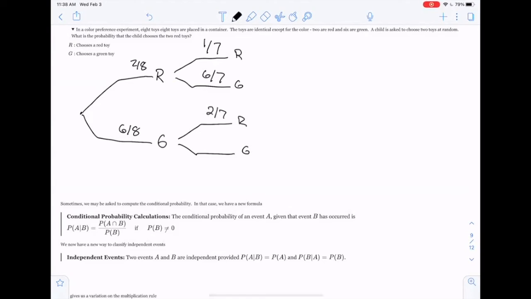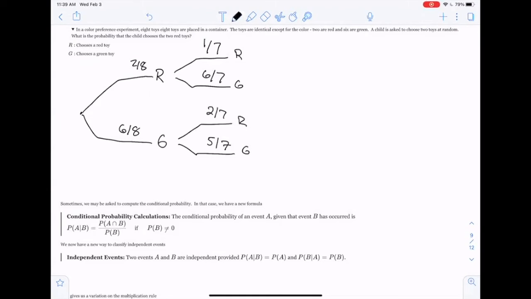We can fill this in as we move down, right? If they've selected a green toy first, there are still 2 red toys, but now there's only 7 toys remaining. What's the probability of selecting 2 green toys this way? Well, if they've selected 1 green toy, that reduced the total number of green toys left, and now we have 7, so that gives us that probability.